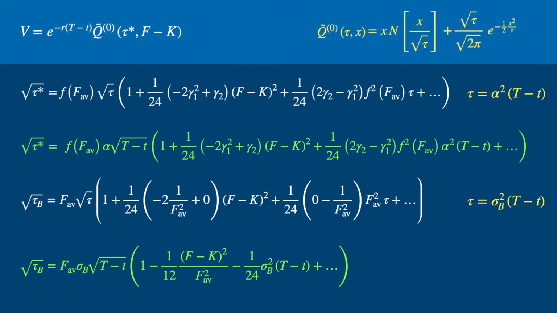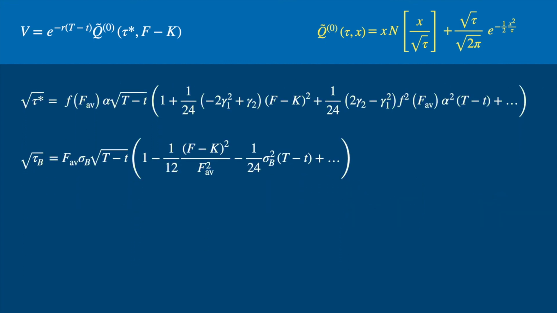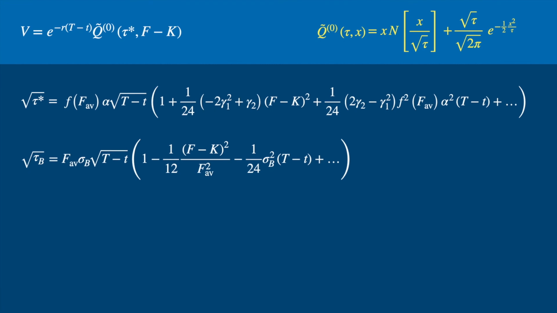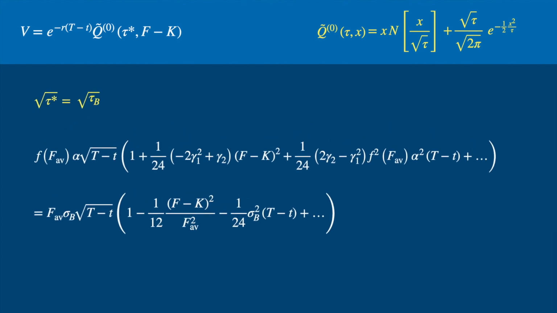Now the price under the Black model will match the price under the CEV model if their taus are equal. So let's set them equal to each other. We just need to solve this equation for sigma underscore b.